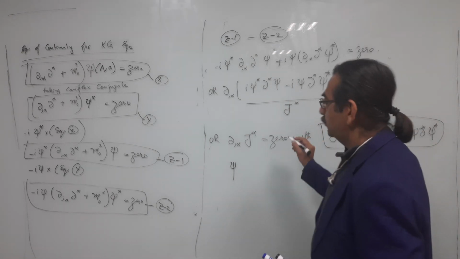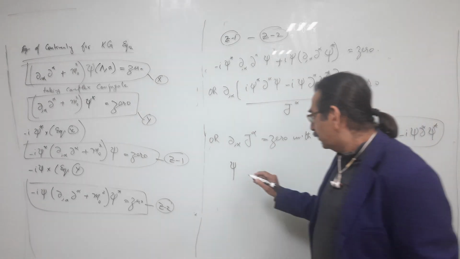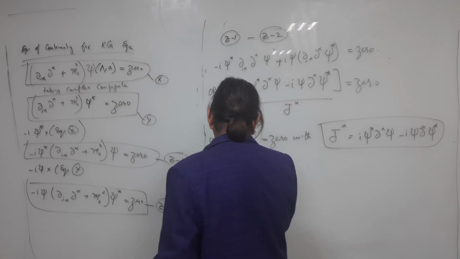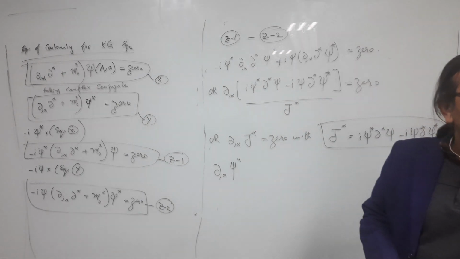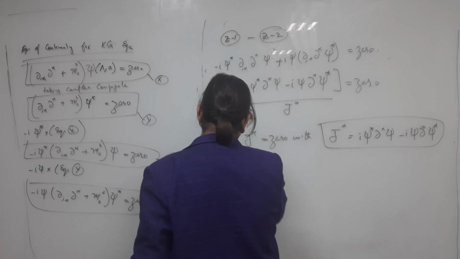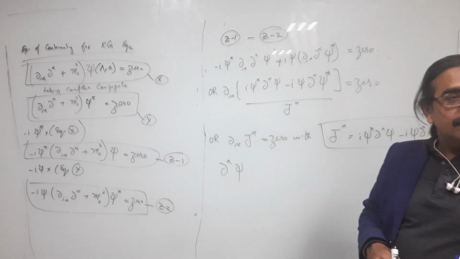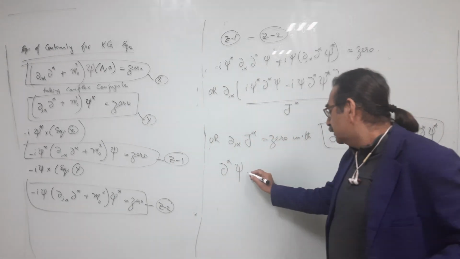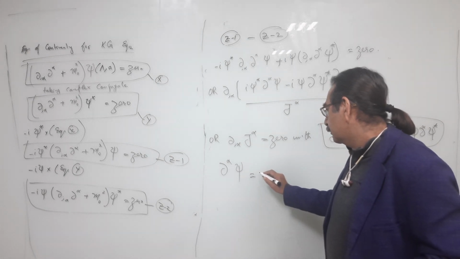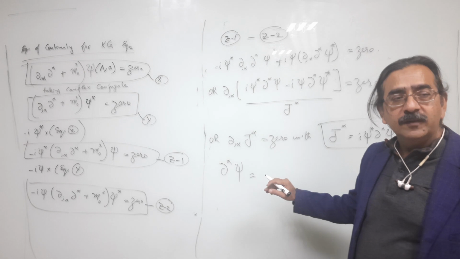This is the expression of J that we have derived. We have already derived this result. What is the result? When it was covariant, what did we derive?